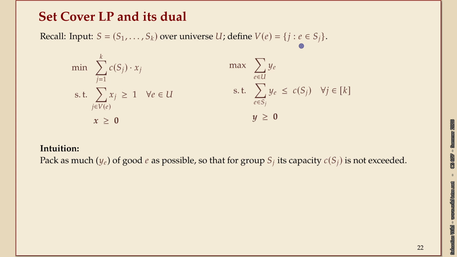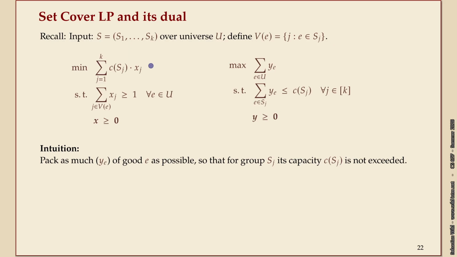So the notation is somehow suggesting that this has to do with graphs. And of course, if you think about the special case of set cover, where it's a vertex cover, the elements of the universe are the edges of a graph. And then V of E would just be all the endpoints of an edge, just the two vertices. But in general, for set cover, this could be a larger set, right?